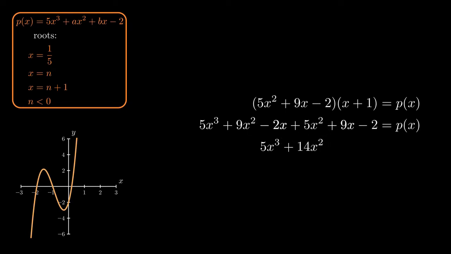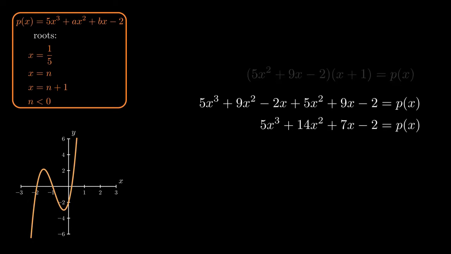We want to combine like terms. And then just be careful. There's all sorts of places to make silly mistakes here. But then you're done. That's the A value. There's the B value.